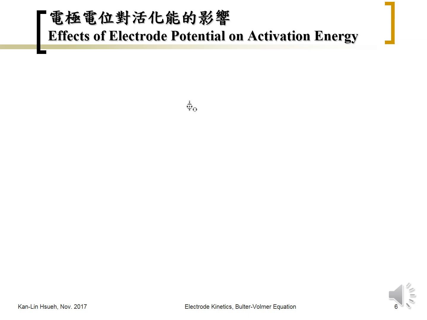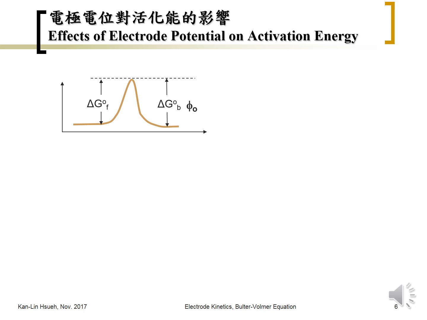We simplify this, say at the equilibrium potential phi 0. That means there's no net reaction. The forward reaction equals the backward reaction. So over here we assume that delta GF at equilibrium equals delta GB at equilibrium at this condition.